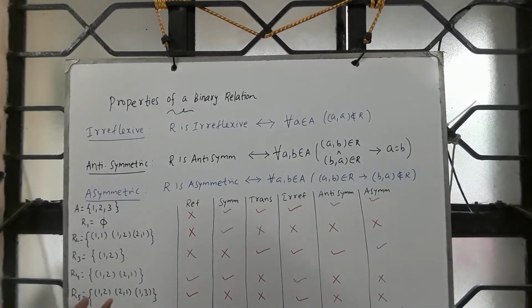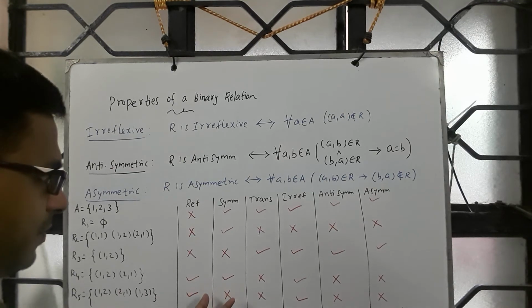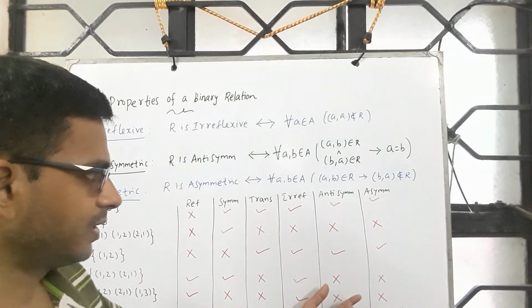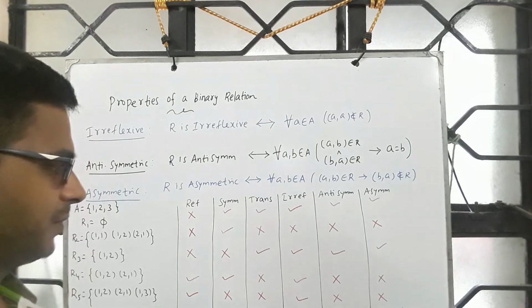The reason is that with respect to some (A, B), you may see that symmetricity is satisfied, but it says for all (A, B). You may find some other (A, B) with respect to which symmetricity is violated, and both antisymmetricity and asymmetricity are also violated. So negation of symmetricity does not imply antisymmetric or asymmetric.